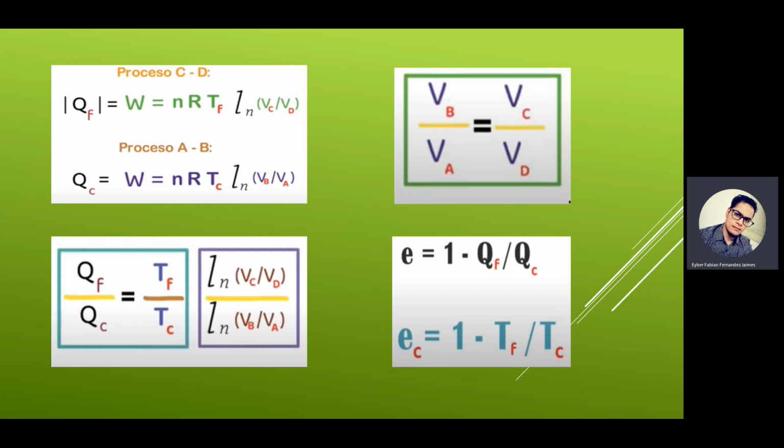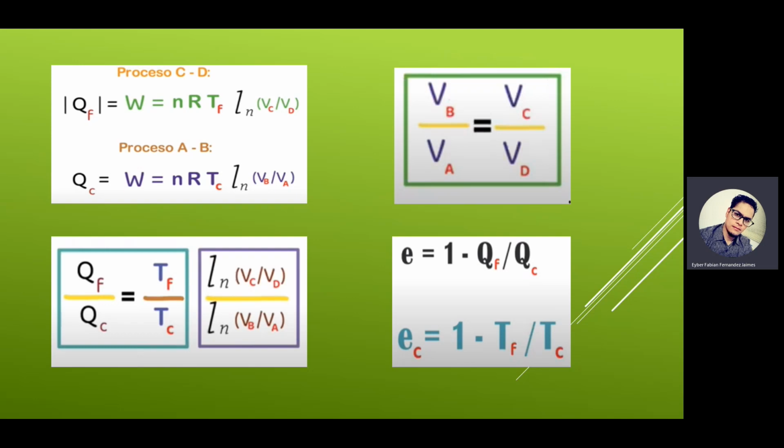The isothermal process C to D, QF: the work done, QF, equals W equals nRT natural logarithm of the volume change, QF equals W equals nRTF natural logarithm VC over VD.